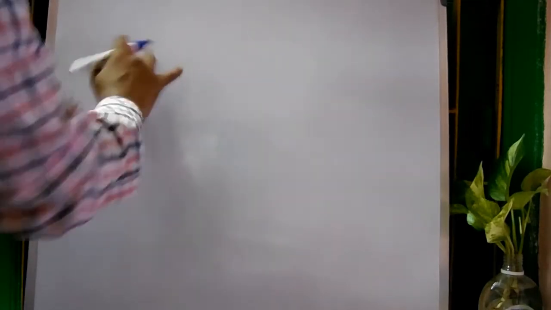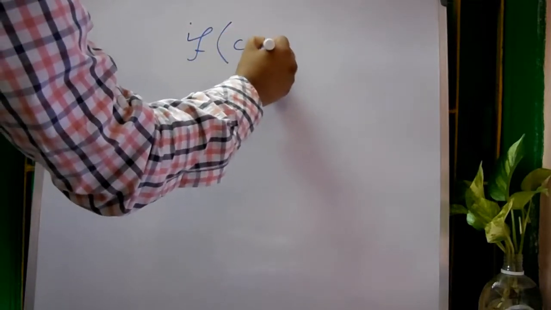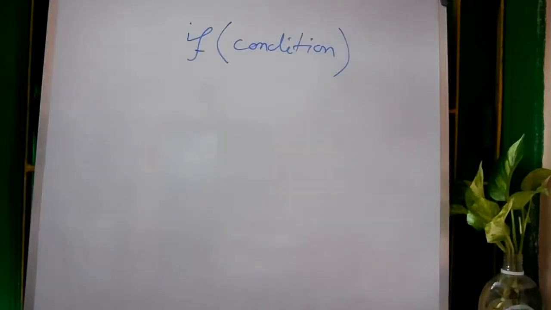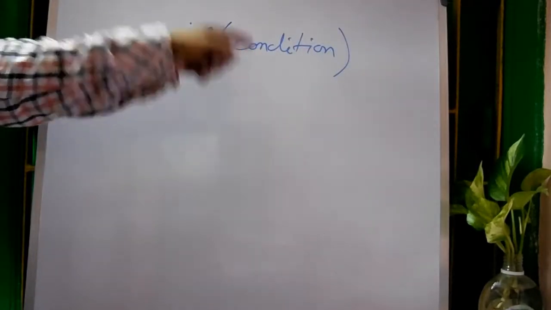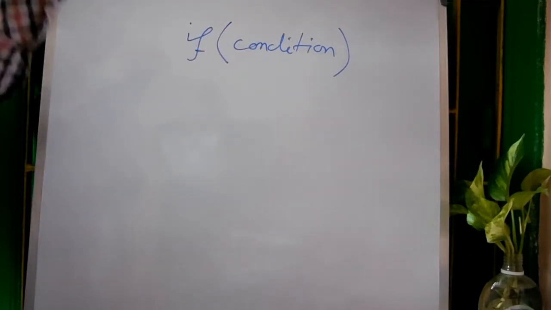So how is the if else statement constructed, that is, what is its syntax? if is a keyword, and within the brackets we put the condition. Remember, we provide this condition with the help of relational operators.